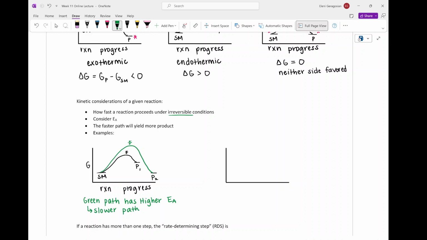It is the slower reaction. So P2, even though the final product is more stable than P1, P1 is actually formed more than P2 because it has a lower activation energy. It is a faster reaction. So starting material to form P1 is faster.